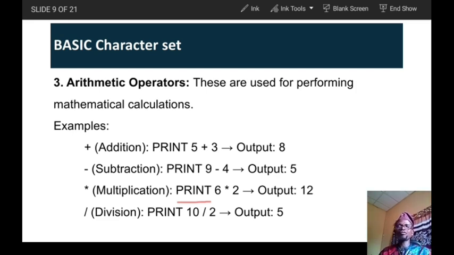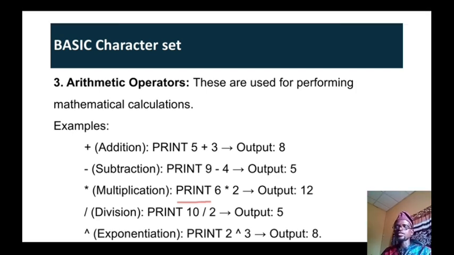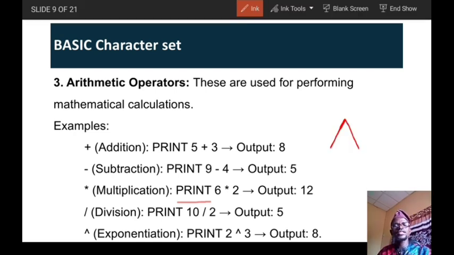The result 5 will be printed on the screen. Another example is the caret or exponentiation sign. This symbol, caret, is used as exponentiation or raised to power. So when you see PRINT 2 ^ 3, 2 ^ 3 means 2 raised to the power of 3.